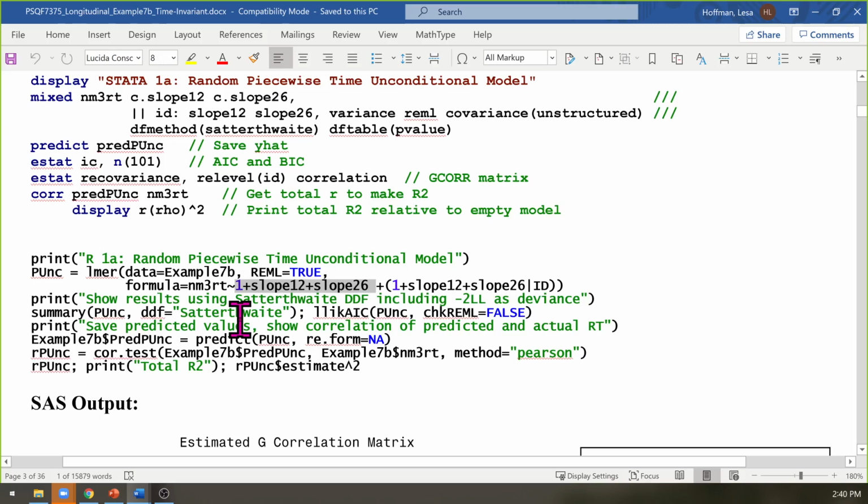I just like putting it in there to remind myself that it's there, particularly when you have your contrast statements, the rows of 0s and 1s, it keeps the placeholder. So my fixed intercept is here, my fixed slopes are here, and then inside the parentheses is my random part of the model, so I have my intercept and my 2 slopes in there as well.